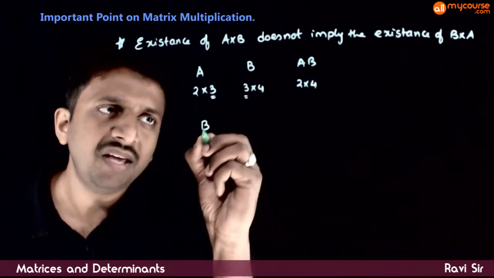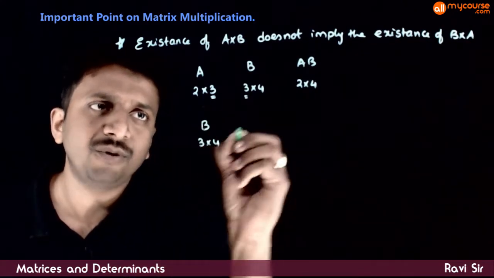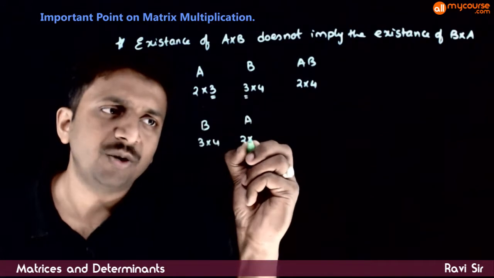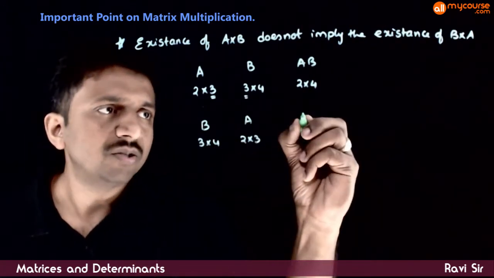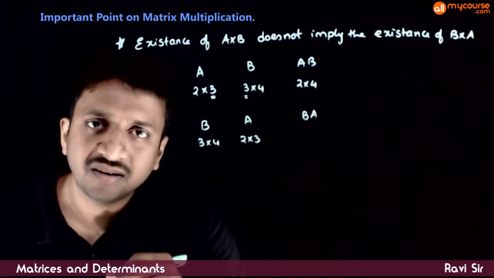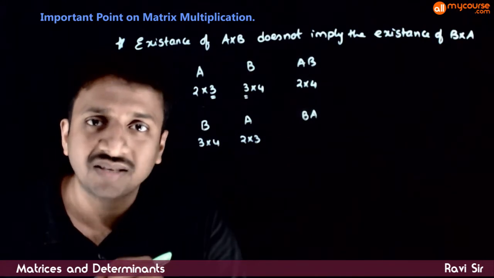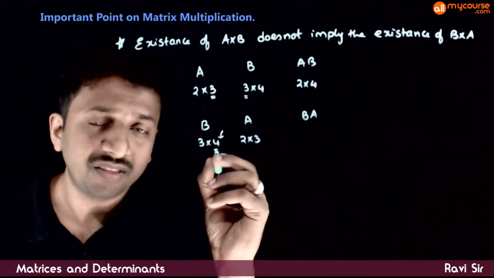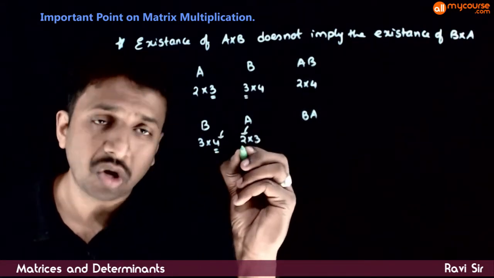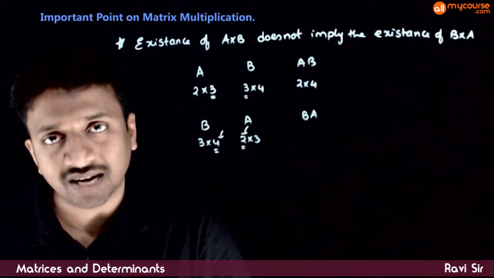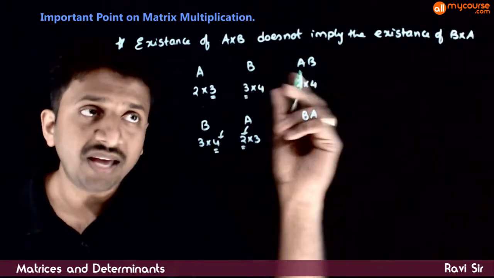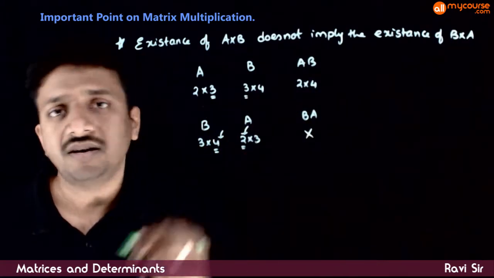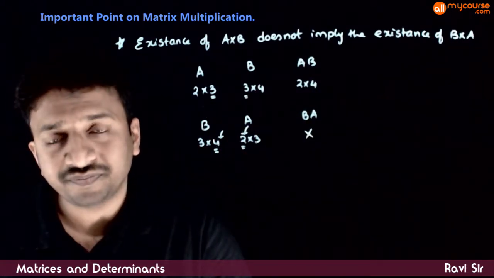If you take B first, this is a 3 by 4 matrix, A is a 2 by 3 matrix. So does BA exist? You can see that BA does not exist because the number of columns in the first matrix now is not equal to the number of rows in the second matrix. So AB exists but BA does not exist.